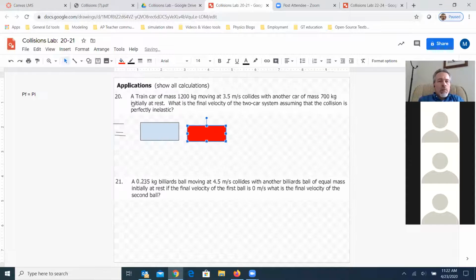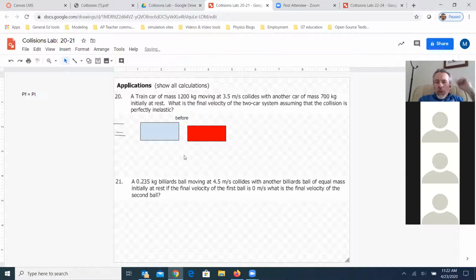So it's not moving. So you need to understand that this is the before picture, right before the collision. I also have to draw an after picture. So if you read through this, it says, what is the final velocity of the two-car system, assuming the collision is perfectly inelastic? So if it's perfectly inelastic, what will it look like after the collision?